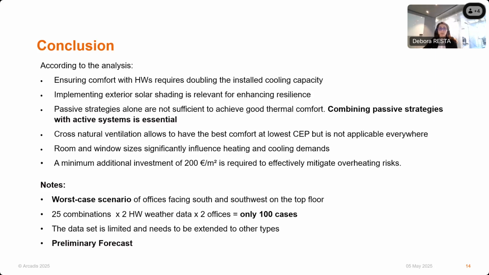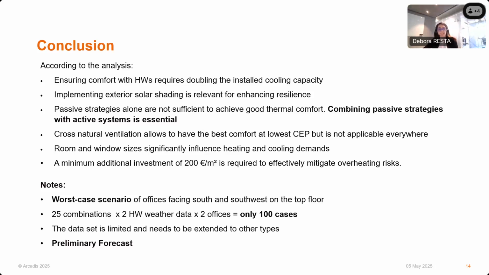The size of the room and windows have a notable impact on heating and cooling energy demands, and a minimal additional investment of 200 euros per square meter is required to effectively mitigate overheating risks. Investing today ensures resilient, future-proof buildings capable of adapting to future climate conditions.